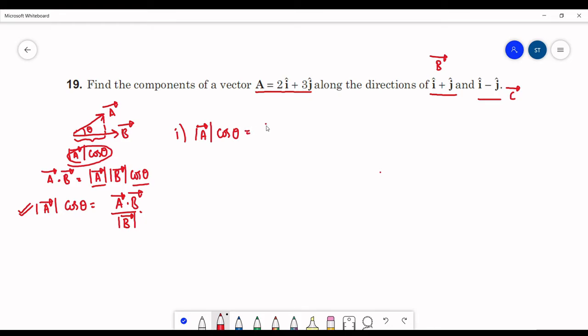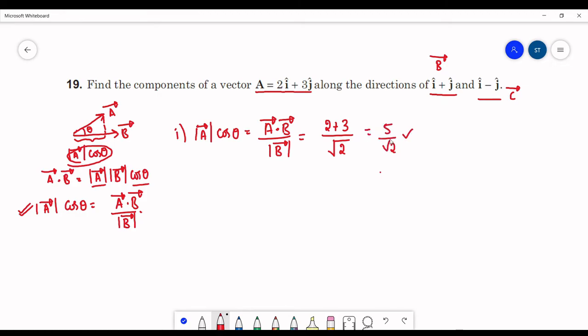This will be equal to a bar dot b bar upon mod b bar. So if we take the dot product of these two, i cap's it will be 2 and j cap's it will be 3, upon the magnitude of b bar, which will be root of 1 square plus 1 square, which will be root 2. So this will be equal to 5 upon root 2.